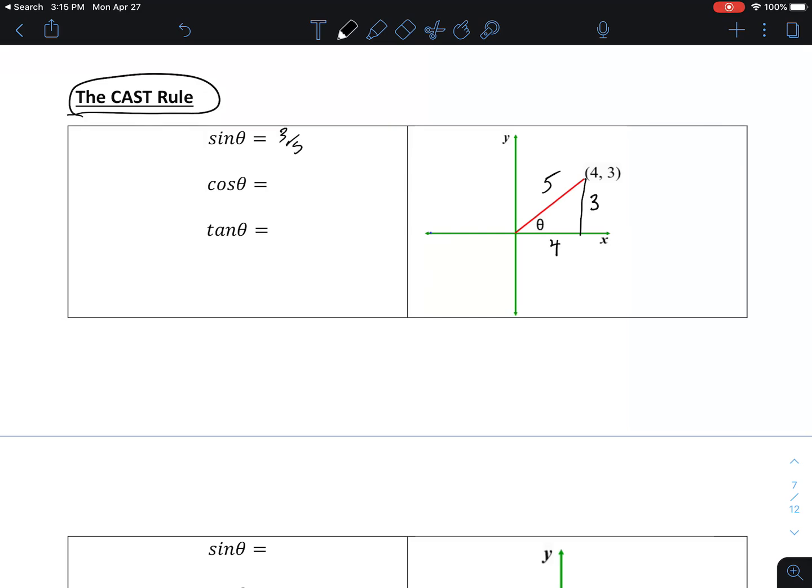This turns out to be the Pythagorean triplet 3, 4, 5. So the sine of theta is 3/5, cosine is 4/5, and tangent is 3/4. So you can see that right here we're in quadrant 1.